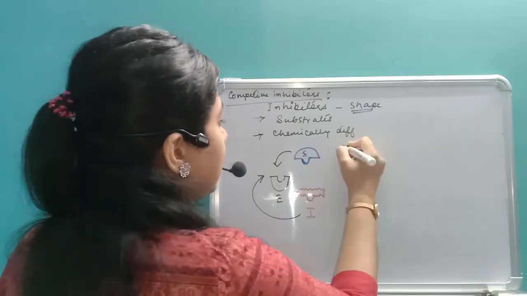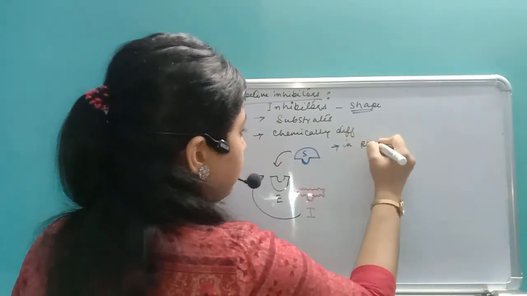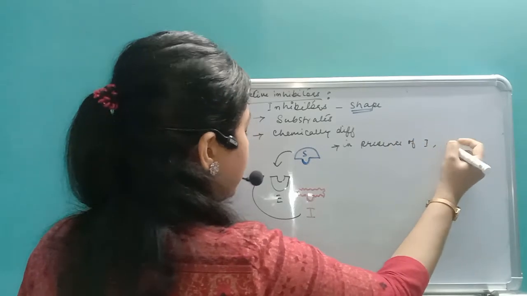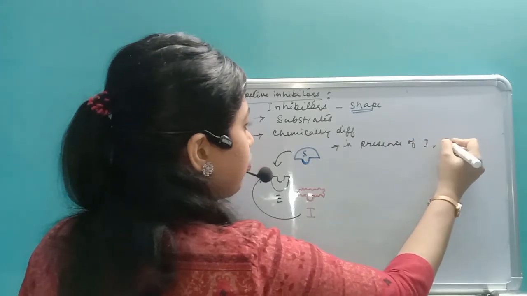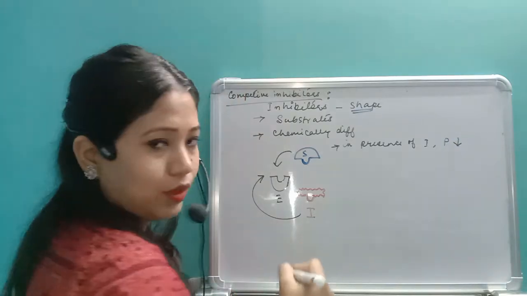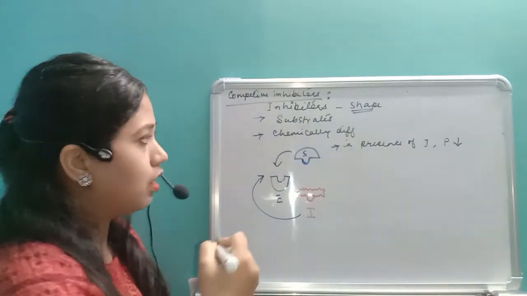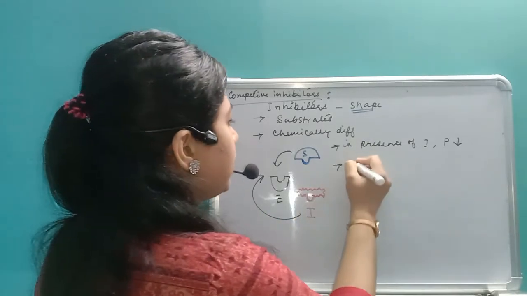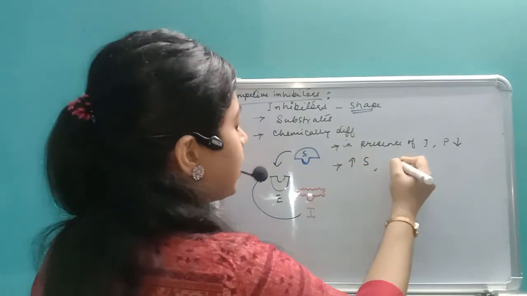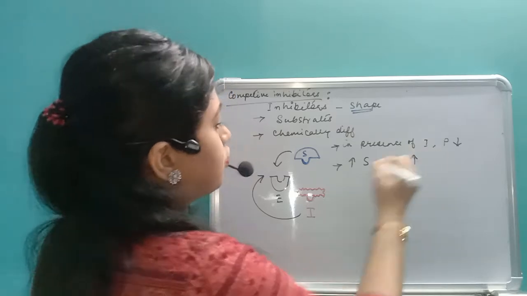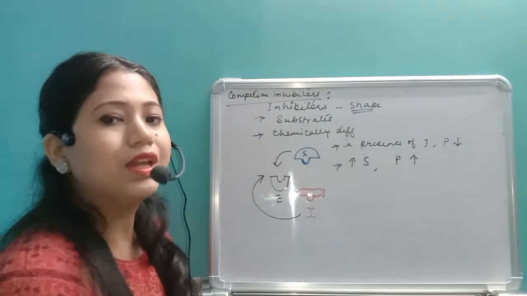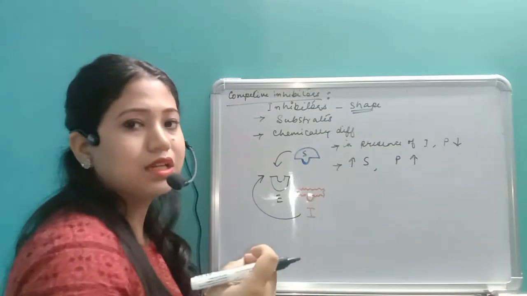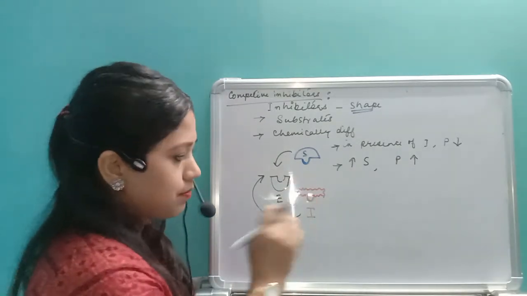In the presence of inhibitors, the product formation decreases. And how can we overcome this competitive inhibitor? Whenever we increase the substrate, the product formation will also increase, because we are increasing the competition between the substrate and inhibitor.